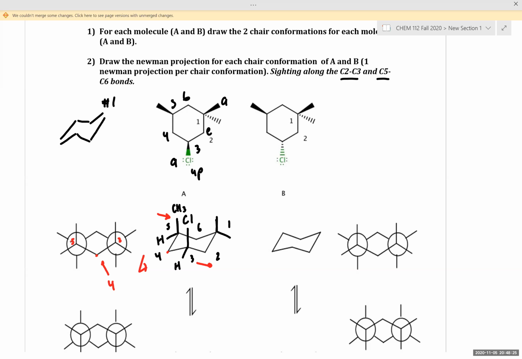We have 2 methyl groups at carbon 1. I really encourage you, especially for these problems, to make a model kit. It doesn't cost you anything, and it will save you a lot of grief when you're working through these examples on paper. We're more capable of visualizing structures that we can see in 3-dimensional space rather than just on pen and paper. But of course, whatever you're comfortable with is more than okay with me, as long as it's accurate.